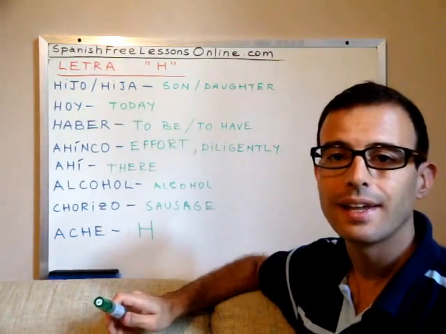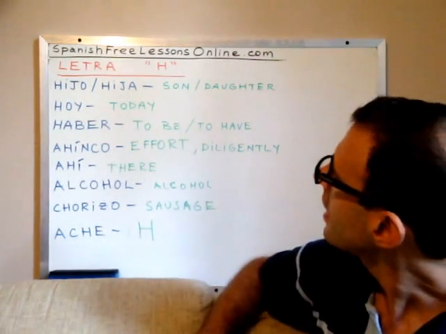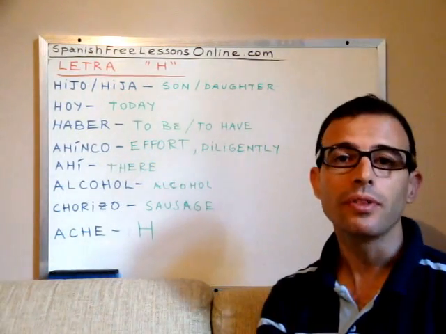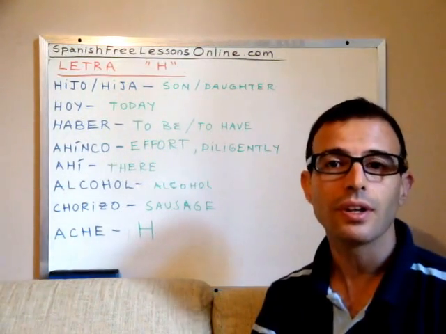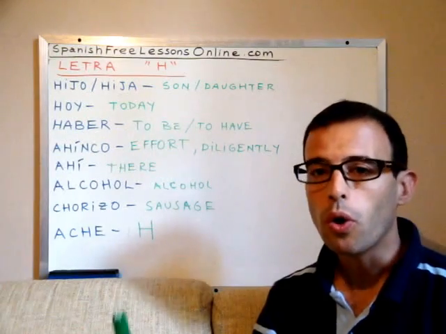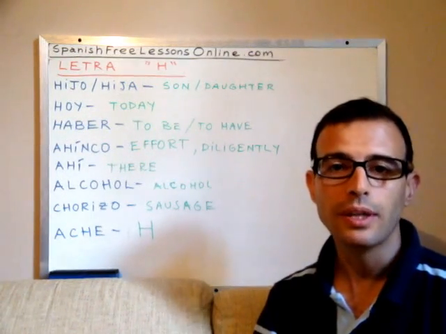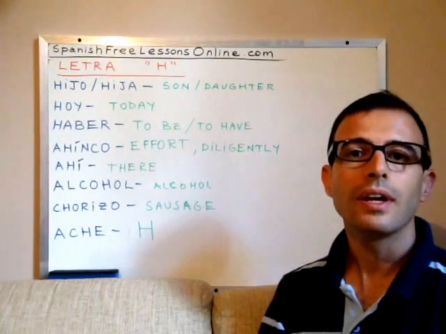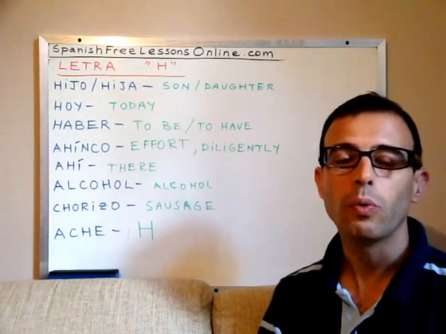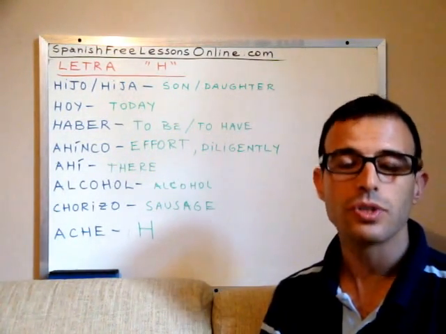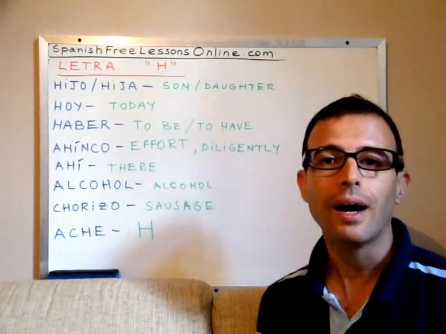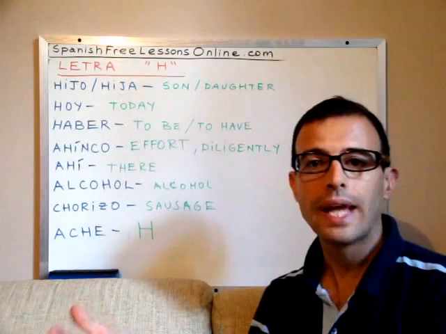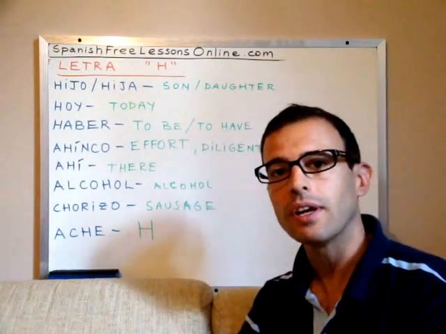Letra H, letter H. The beauty about Spanish is that once you learn the rules of pronunciation, of spelling, you will always know how to read and pronounce exactly every single sound, letter, word, whatever of the Spanish language. There will never be doubts whether this word should be pronounced with the accent here or the accent there.